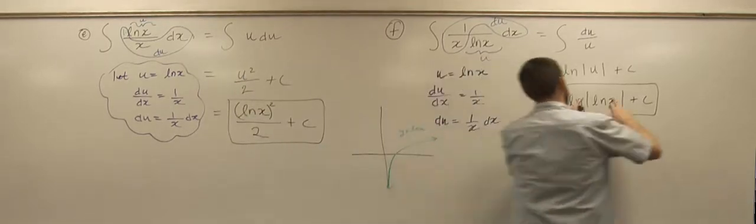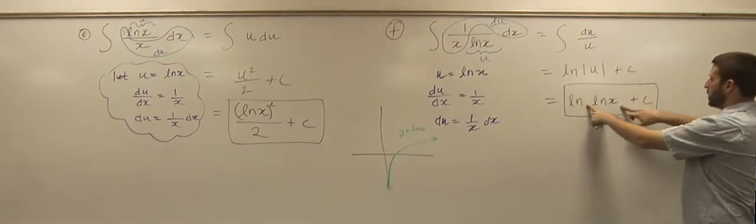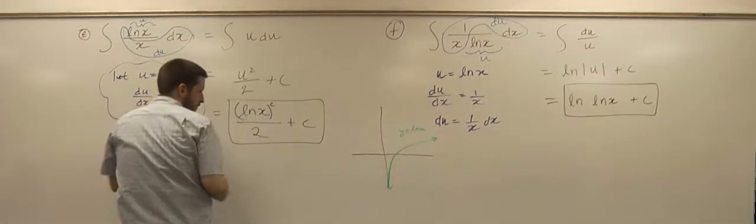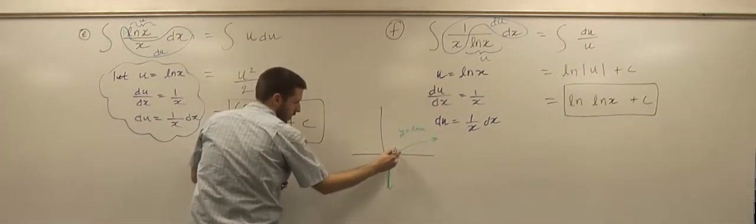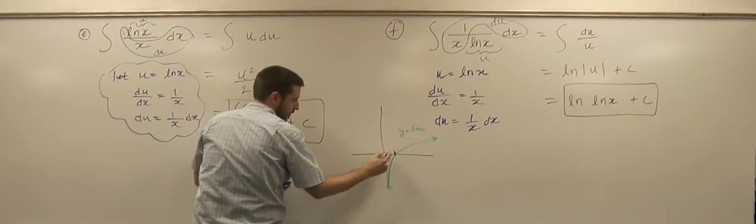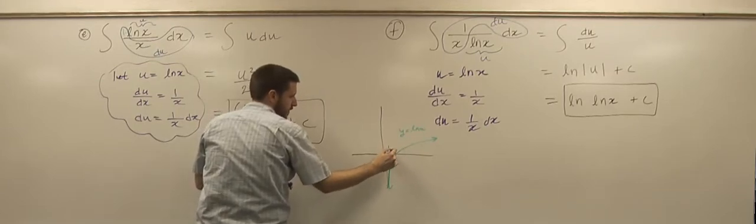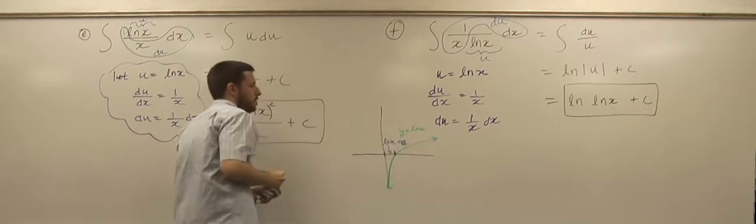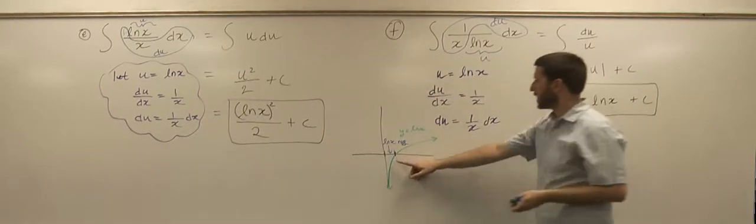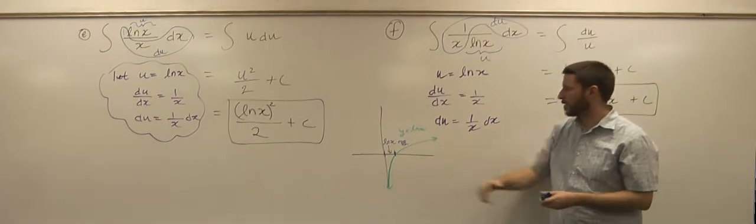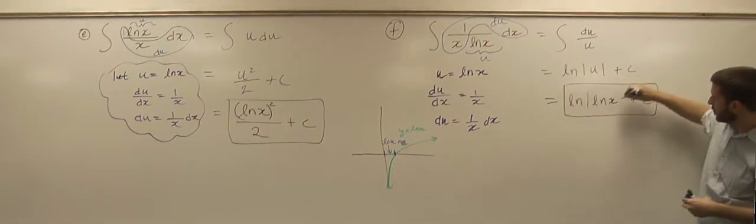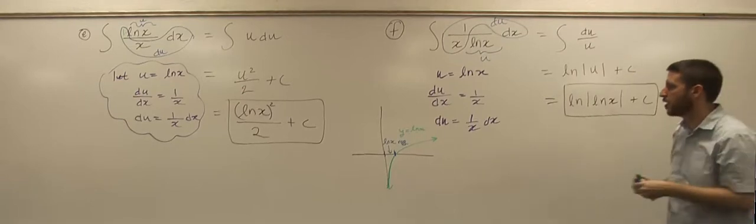If I take off these absolute values, then I wouldn't be able to put in any x values between 0 and 1, where my function is negative. On this interval, ln of x is negative. So the absolute values are actually allowing me to plug in x values from 0 to 1, making a more general, larger domain.